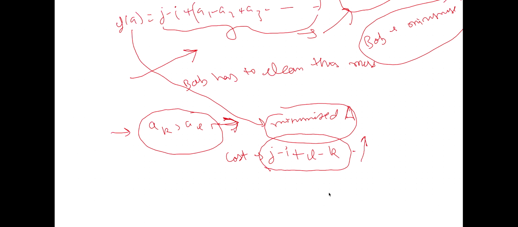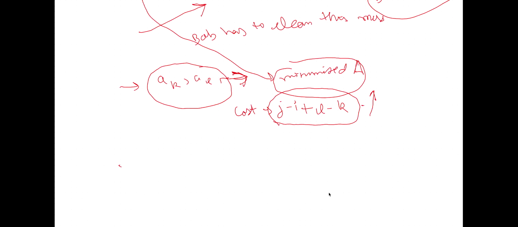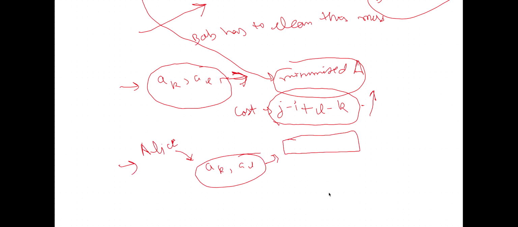And cost is always increasing. This is one thing for sure. Now, in the third operation, Alice will come and she will nullify the operation that Bob did. She will swap AK and AL again. And now the answer will be the same as the first operation, but there will be one difference, that cost will now be increased to j minus I plus L minus K plus L minus K. Now it's even increasing.